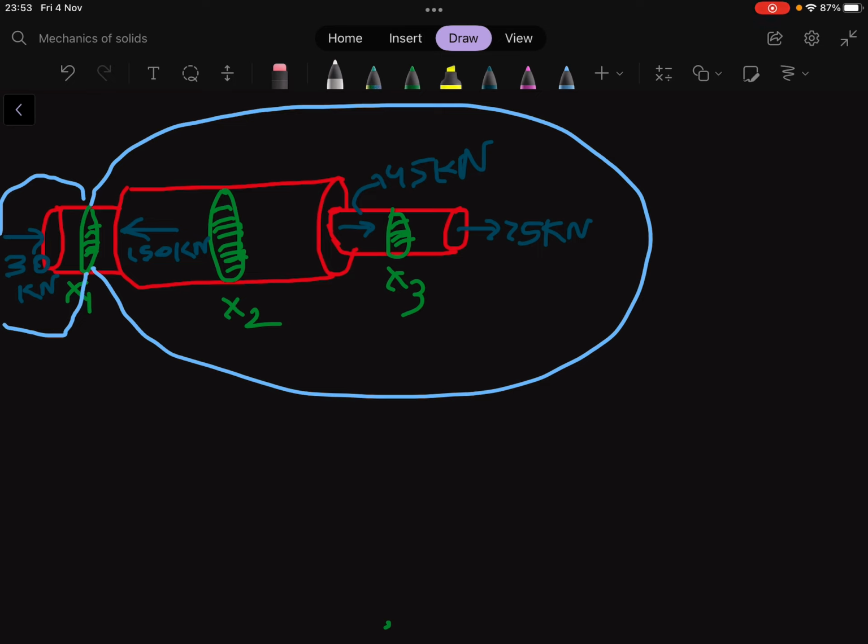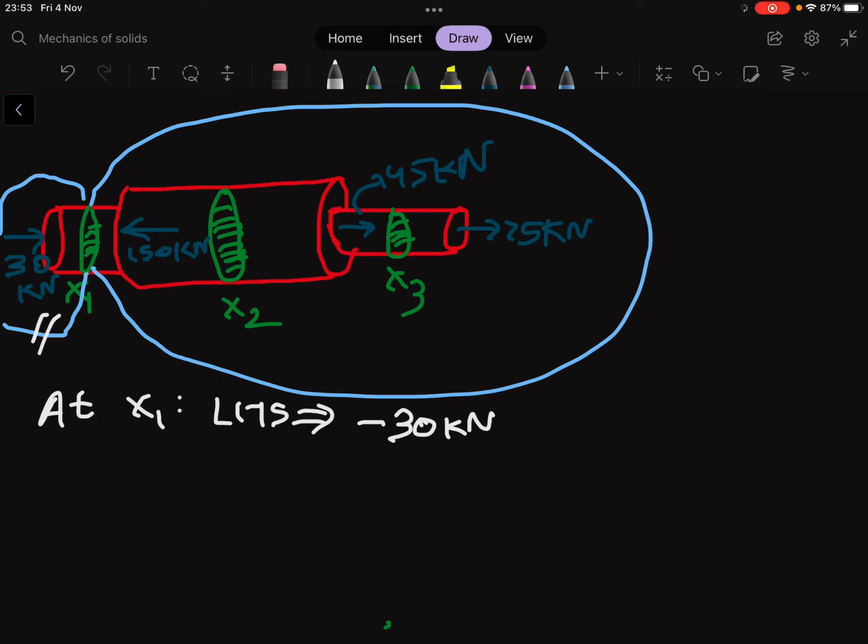So at section x1, if you consider the left hand side, this side, then there is a compressive axial loading of 30 kilonewton. So with sign convention we can write minus 30 kilonewton.